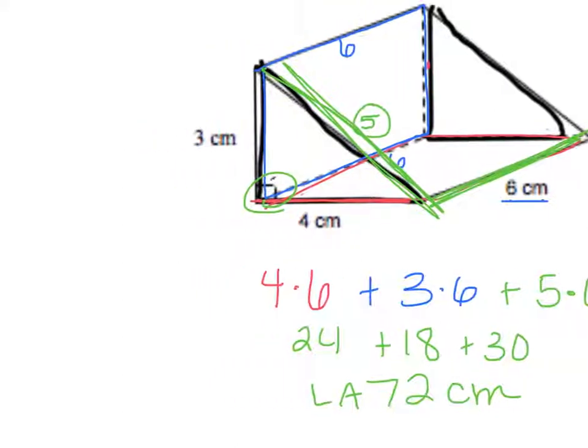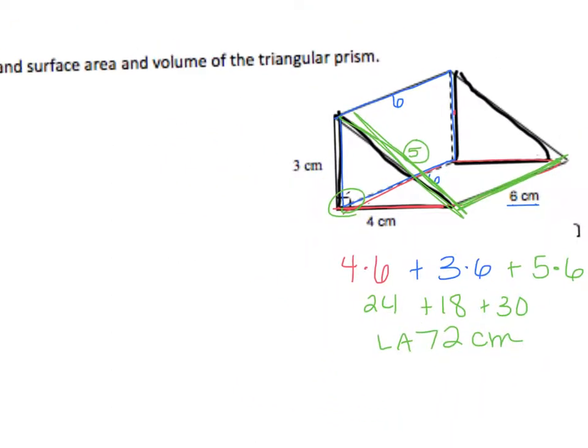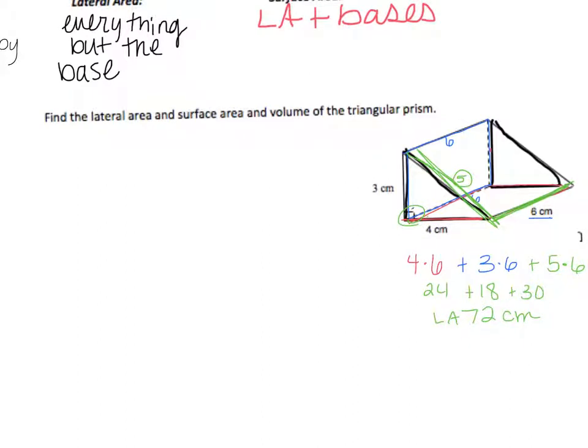So now your surface area, you're going to take your lateral area and you're going to include the two bases. So surface area equals your lateral area, so 72. And then the two bases are triangles, so I'm going to add in 2 times 1/2 BH.